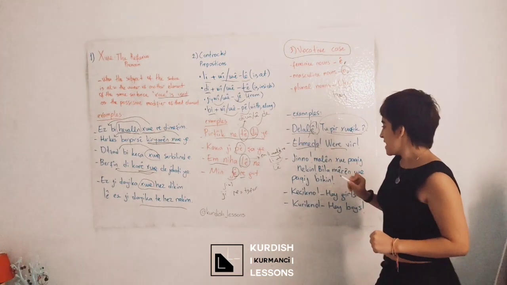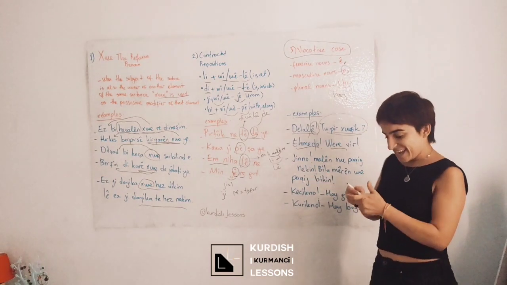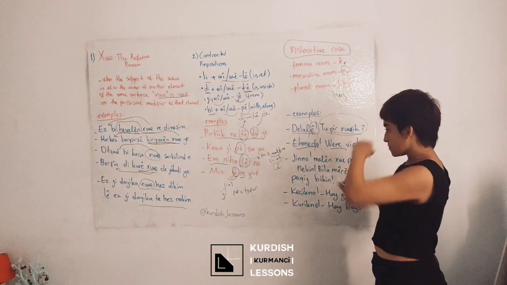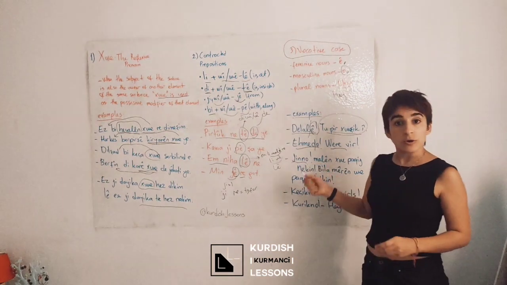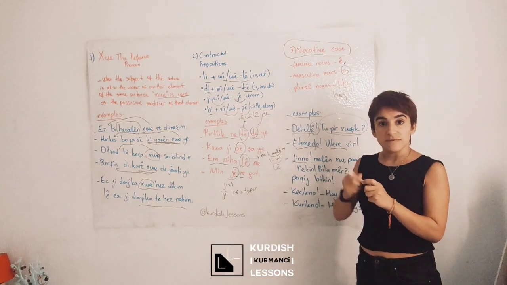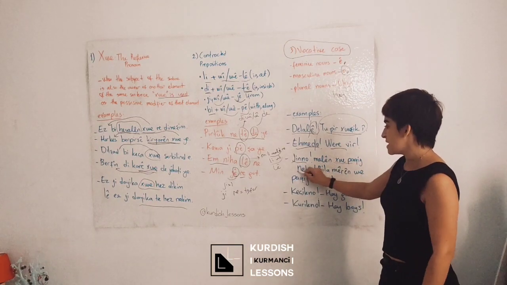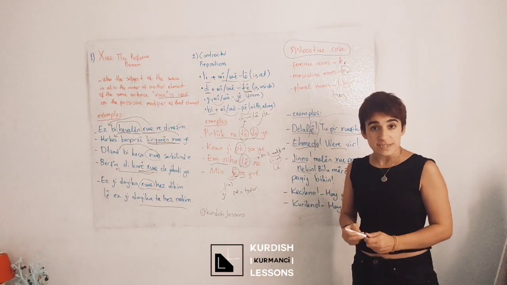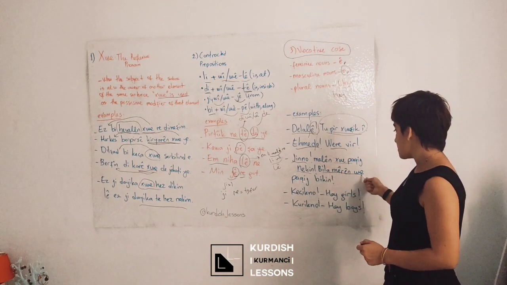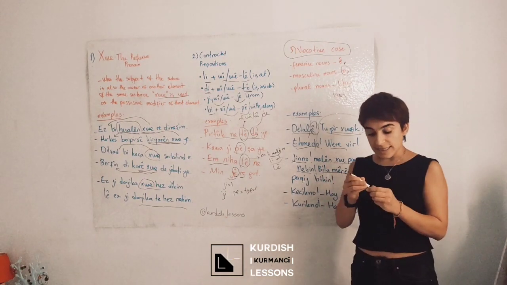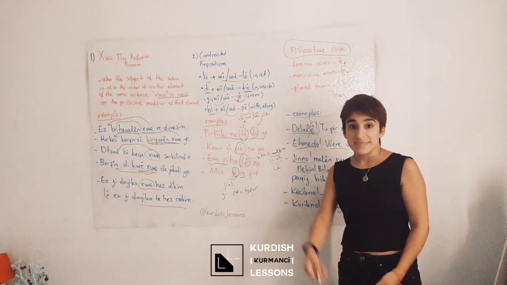Okay? And then another example is "Jinno". Oh, ladies. Okay? You women, plural. "Malên xwe paqij nekin", don't clean your houses. "Bila mêrên we paqij bikin", let your husbands clean them.